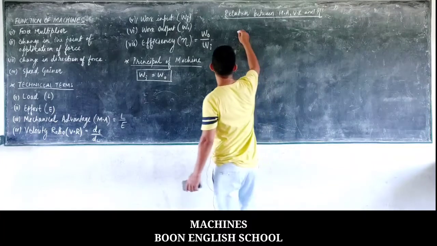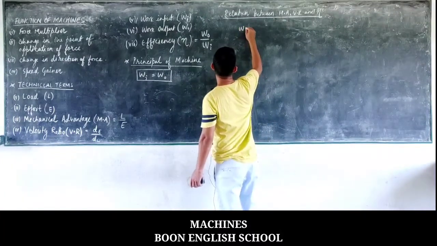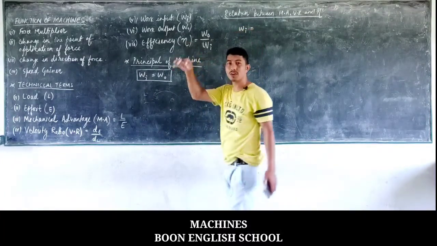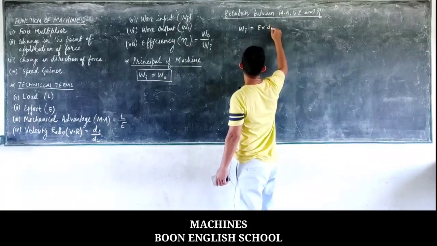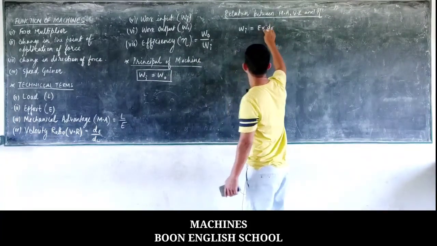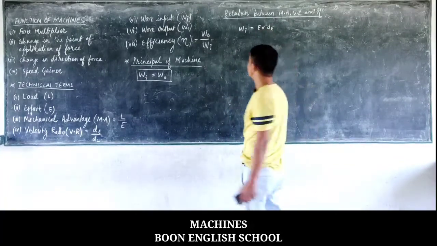In the previous chapter we learned that the work input means the effort you are applying, so it is E into dE, the effort into the distance travelled by the effort.